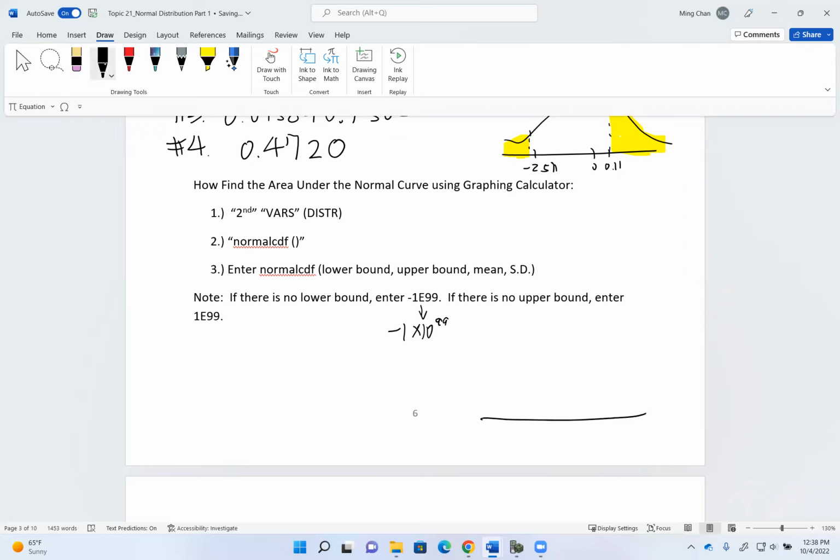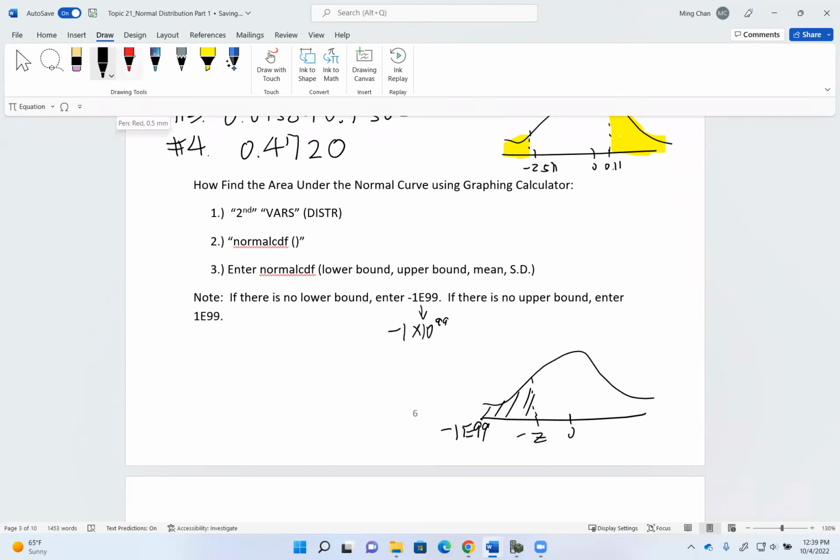Okay, so if here is a z-score, and I'm looking for the area to the left of it, what is my left bound? This left side never ends, so technically it's going to negative infinity. There's no negative infinity in the graphing calculator, so to indicate negative infinity, we type in negative 1 times 10 to the 99 power.